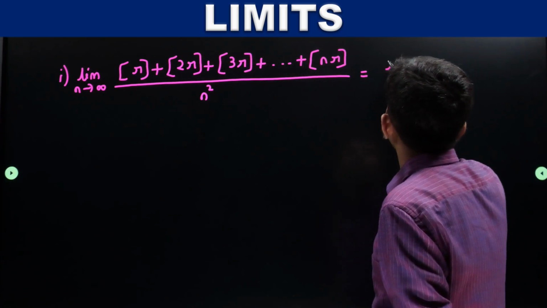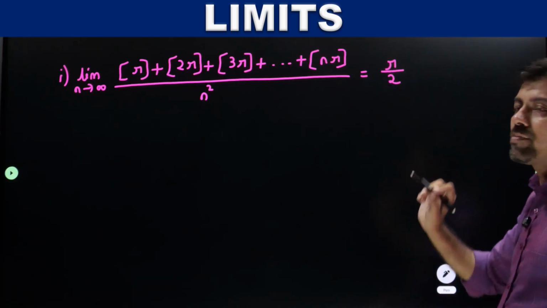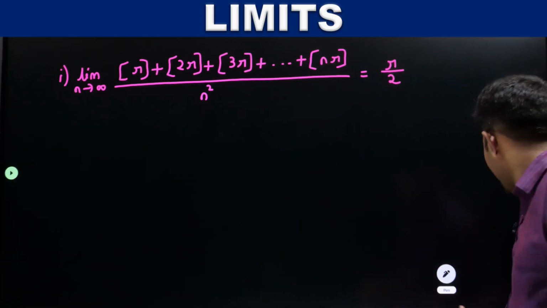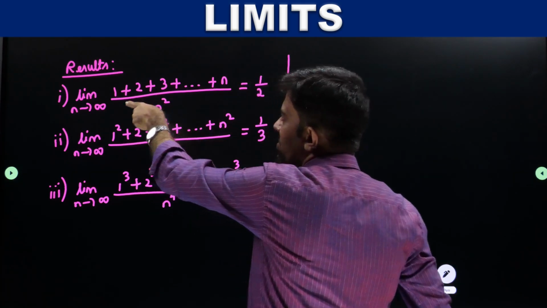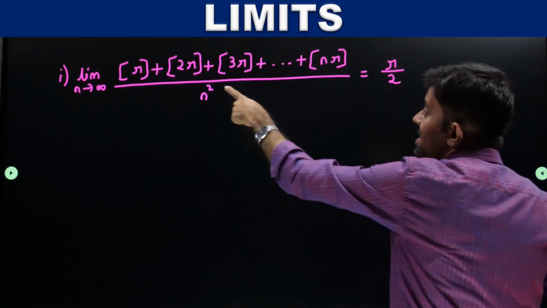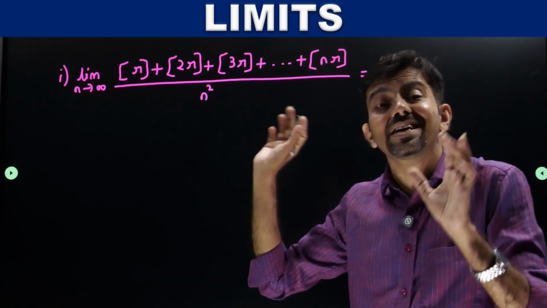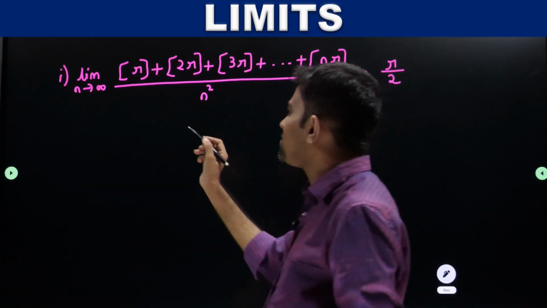The answer is r by 2. This is comparable to the previous one I gave you, but here it is the greatest integer function. Whatever square bracket is given here, everywhere it denotes the greatest integer function.